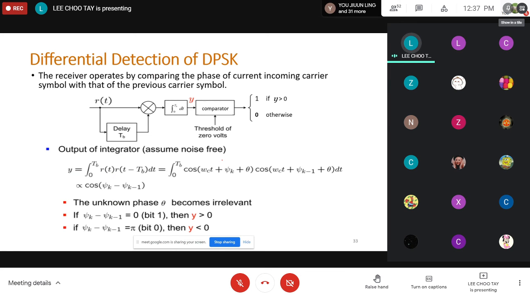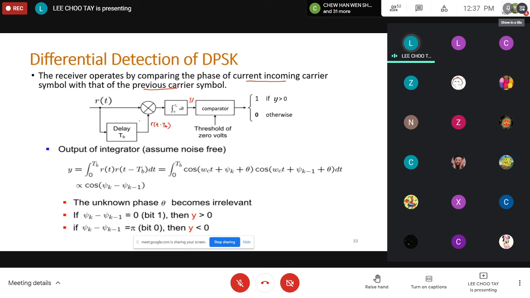And then for detection, the receiver compares the phase of the incoming signal with that of the previous signal. So now we have the incoming signal, and we also have the delayed version. This is your RT and this is your RT minus TB.